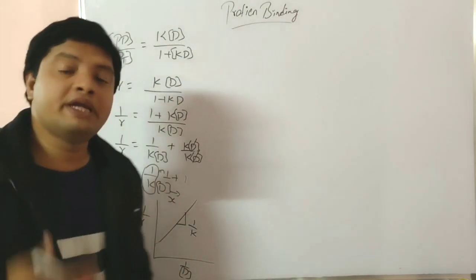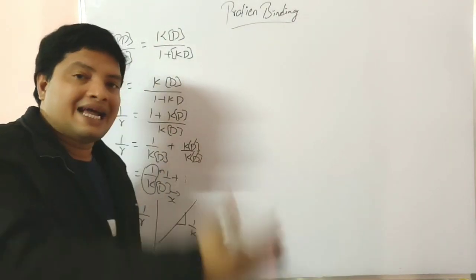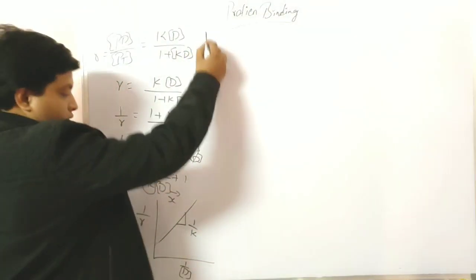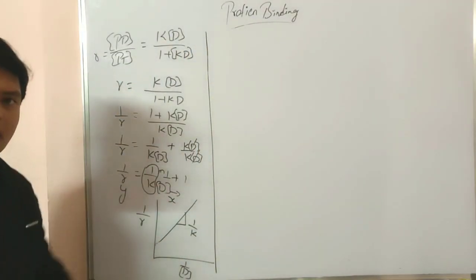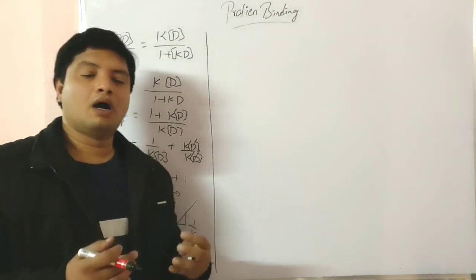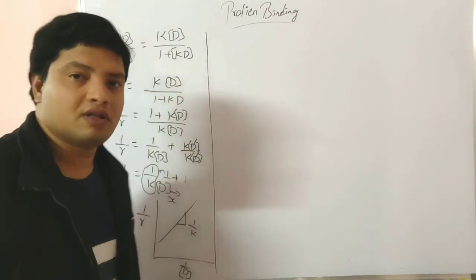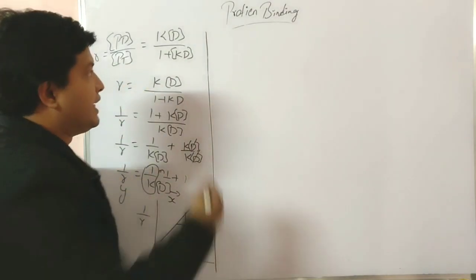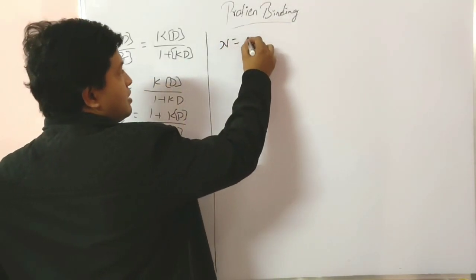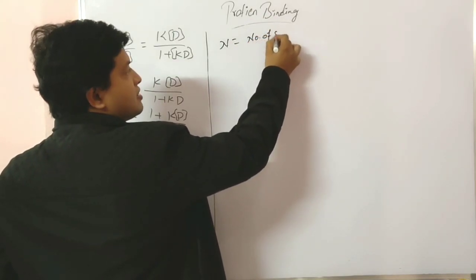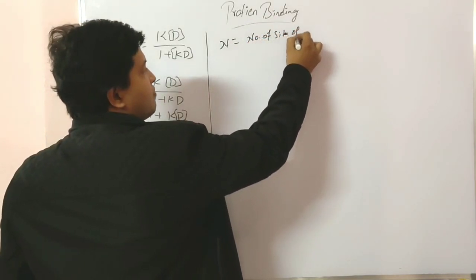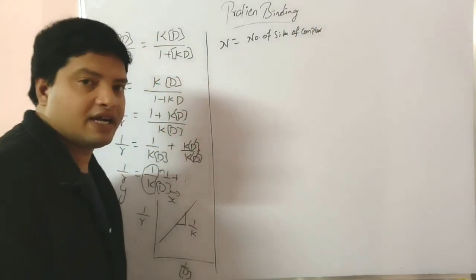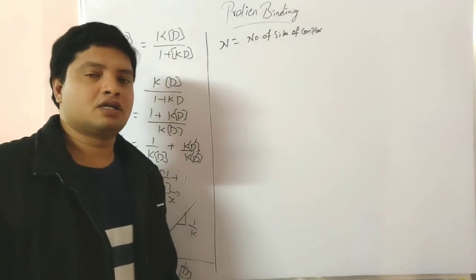I want to know how many sites the drug has. Simply, you multiply this equation to know how many sites the drug has for complexation to the protein. Now assume N is the number of sites of complexation, or number of sites for binding of the drug to the protein.